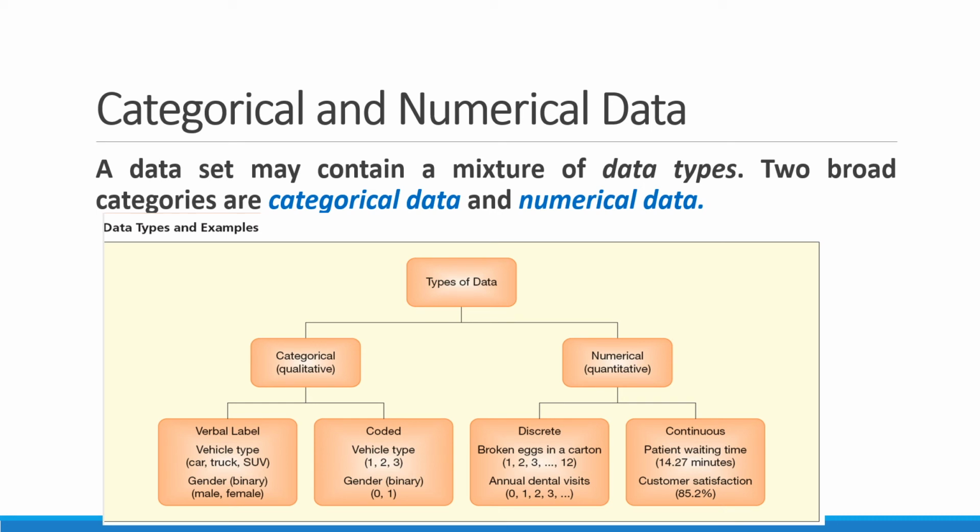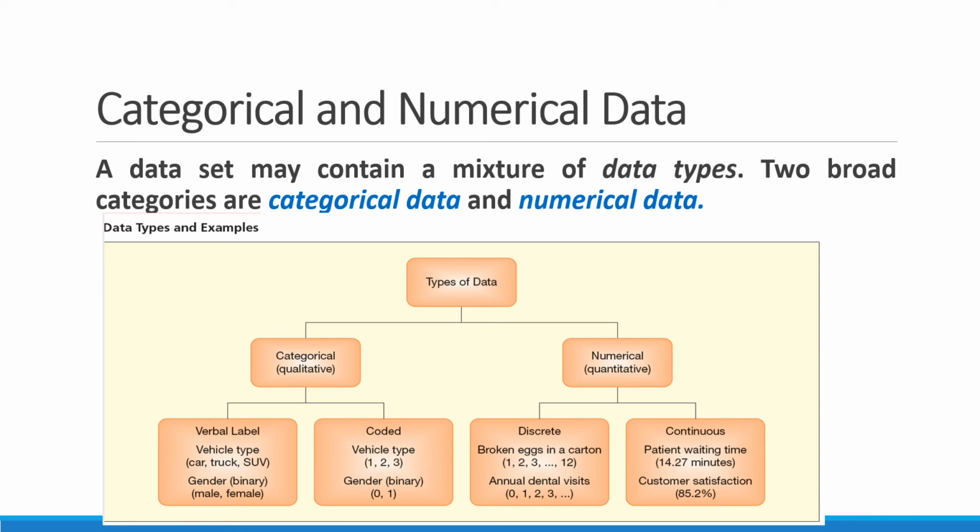They are just codes used to refer to our verbal labels. We cannot add them, subtract them, do any multiplication or division, and they don't have any mathematical reference. You can't say the difference between 2 and 1 is 1, or 1 is less than 2, or 2 is greater than 1. They are just used for coding purposes.